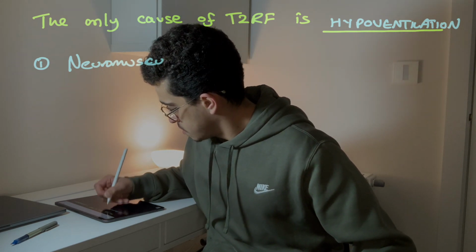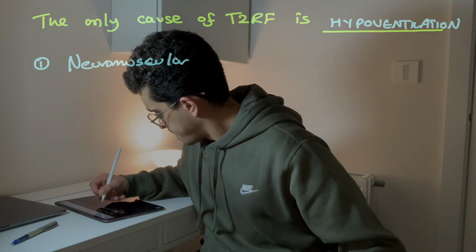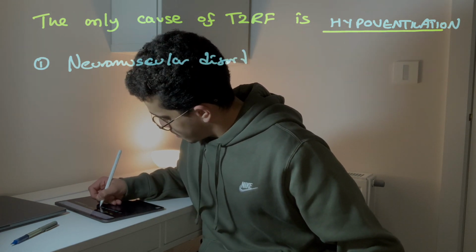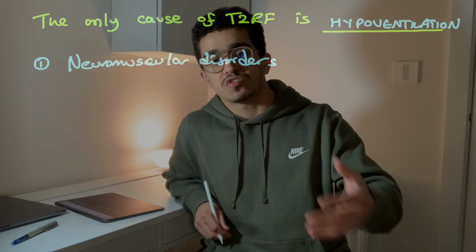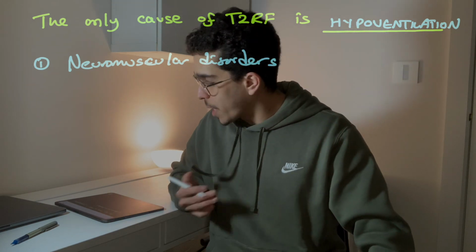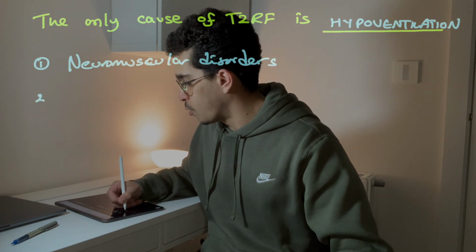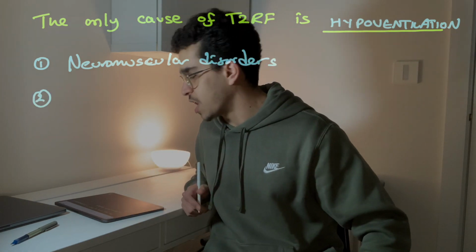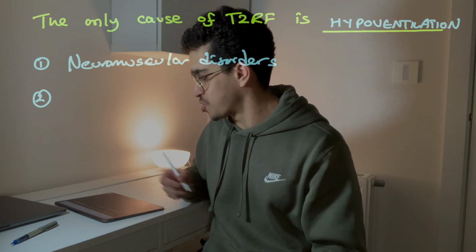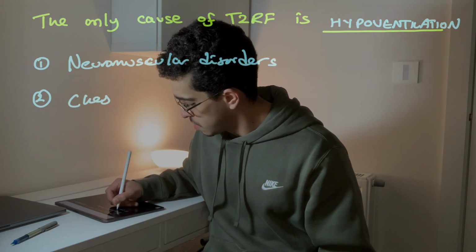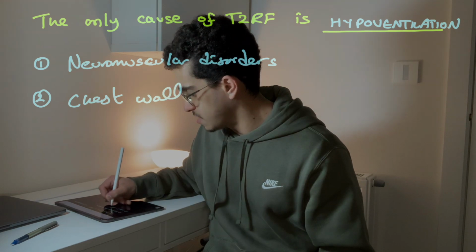Let's write that down. Such as Guillain-Barré syndrome, such as motor neuron disease. Okay, what else can cause hypoventilation? Chest wall disorders such as kyphoscoliosis.